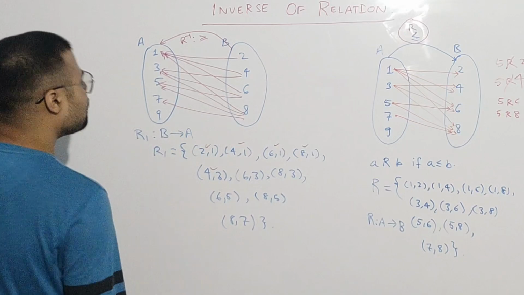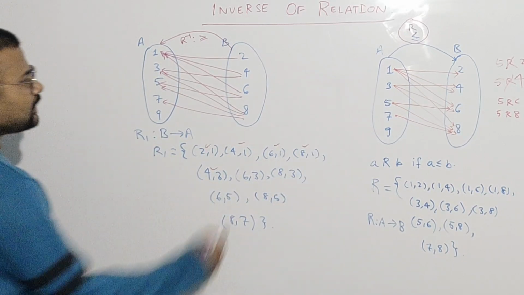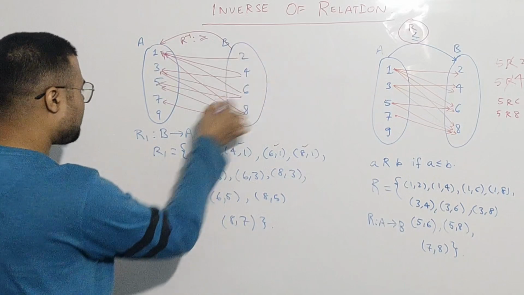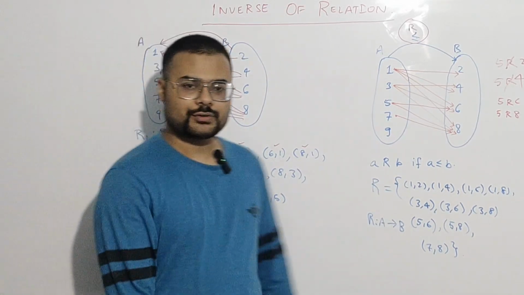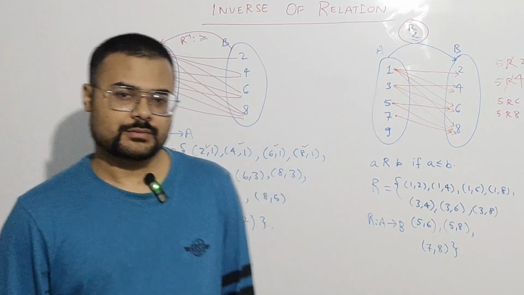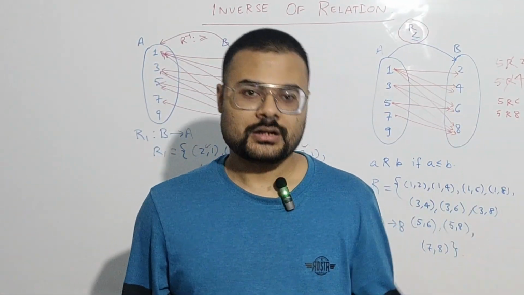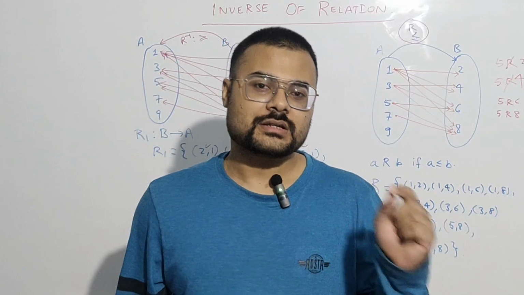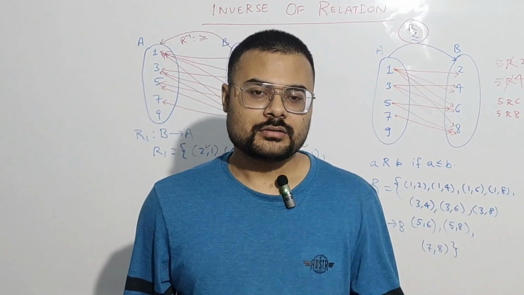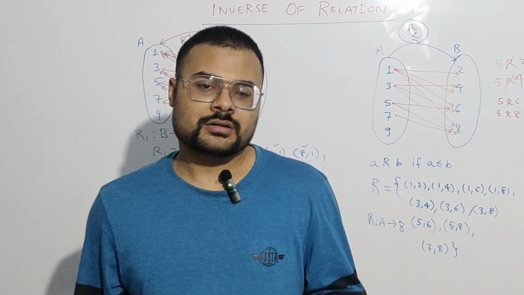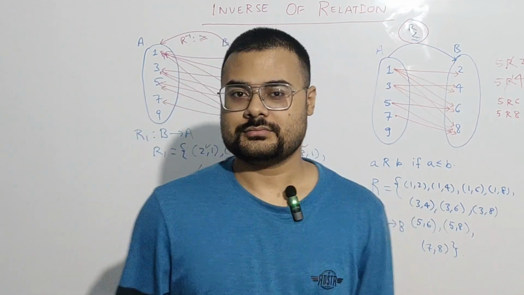Here 9 is not related, because none of the elements here can be greater than or equal to 9. So this is your concept of inverse of a relation. Inverse of a relation means that a belongs to capital A and b belongs to capital B, and if a is R related with b, then in R inverse, b is R inverse related with a.